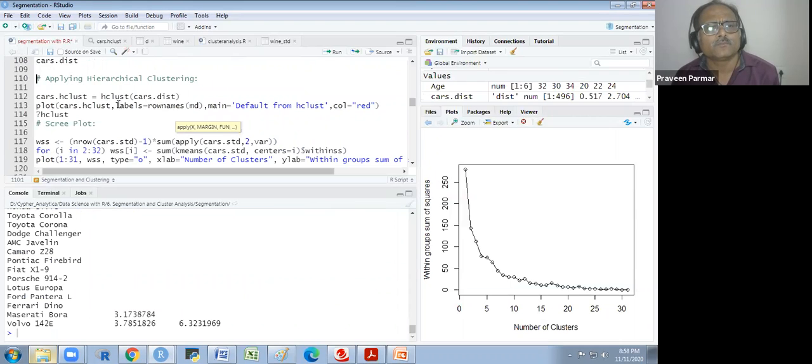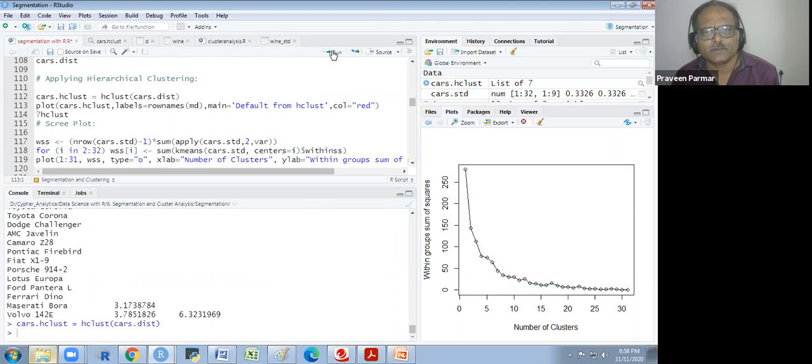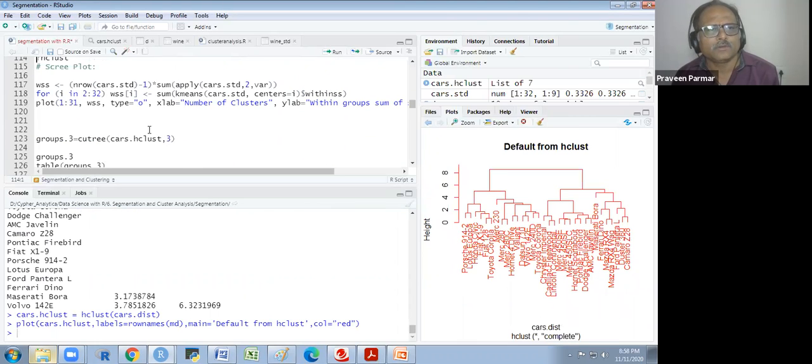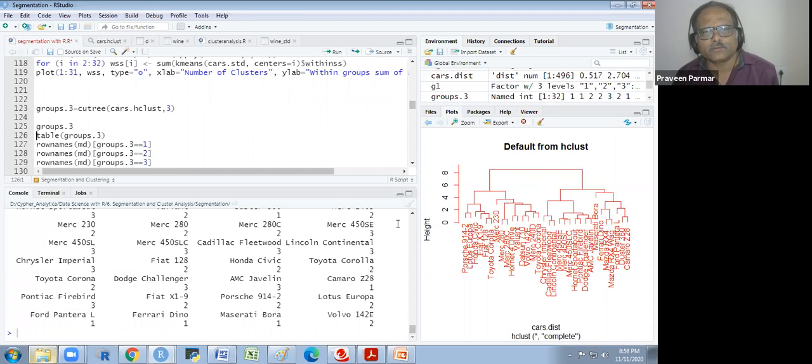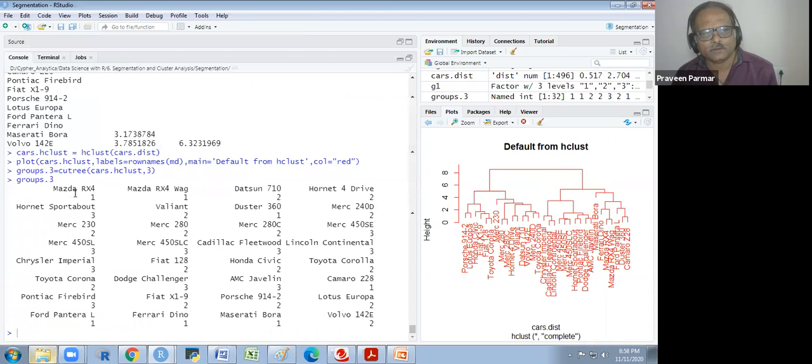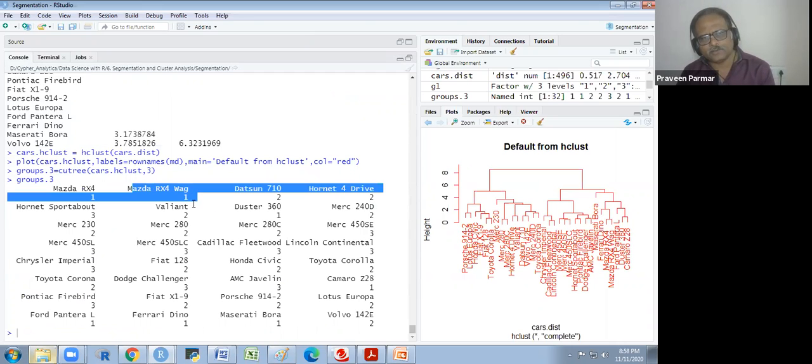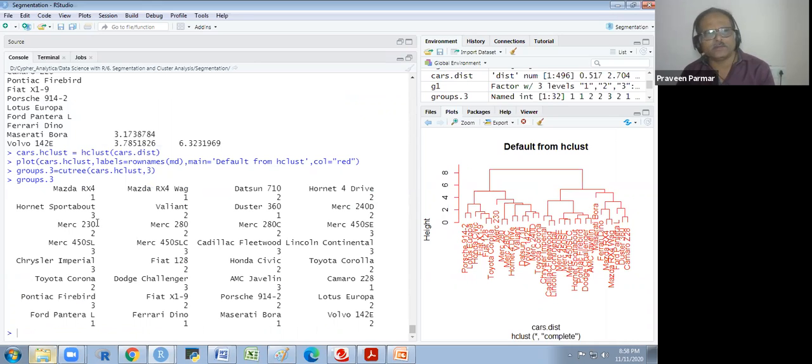So I just apply hierarchical clustering here and show you this plot. I just cut it at the 3 clusters I want, suppose. So cut 3. In the 3 clusters you will see this matches: this car goes to the first cluster, this goes to second, this third.